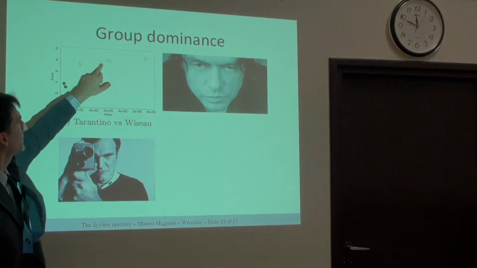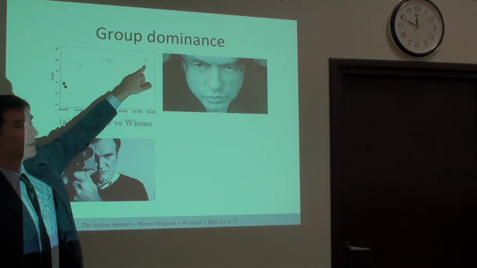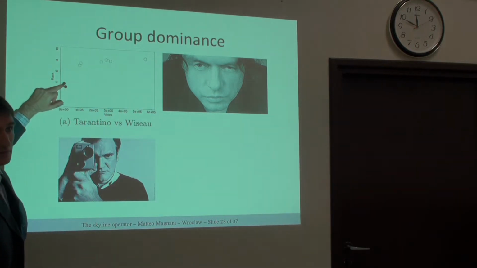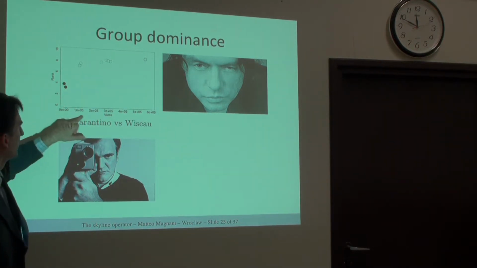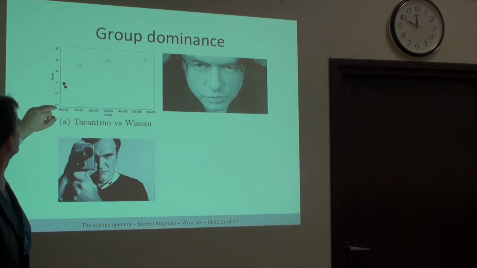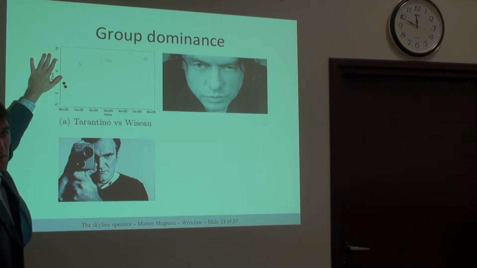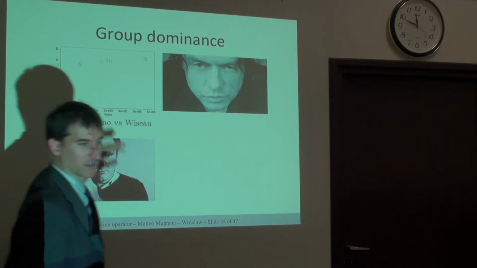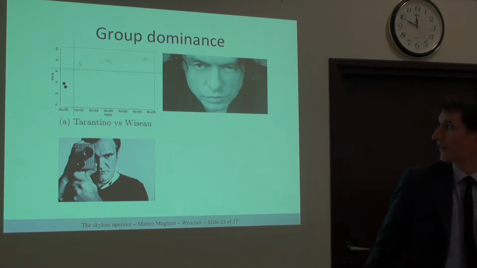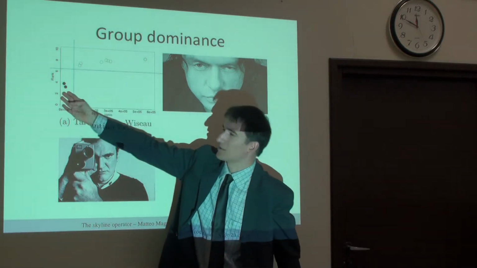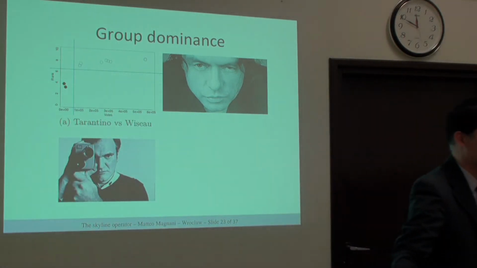Okay, these white spots are the movies directed by Tarantino, and these are the movies directed by Wiseau, according to their popularity and quality. So you can see that this is a very clear example. Every movie directed by Tarantino is strictly better than every movie directed by Wiseau.